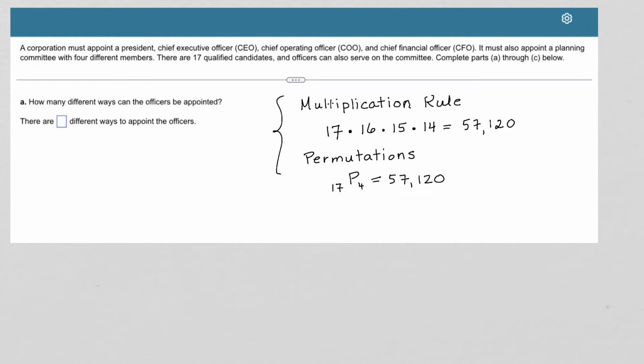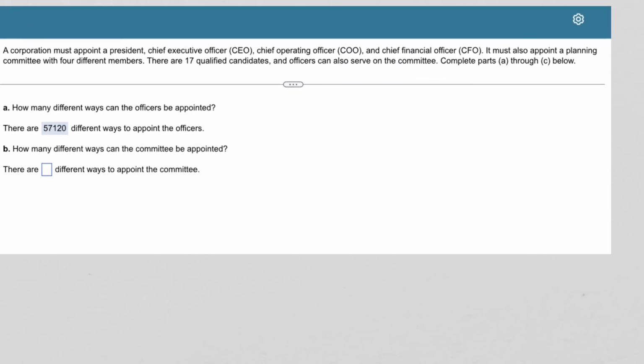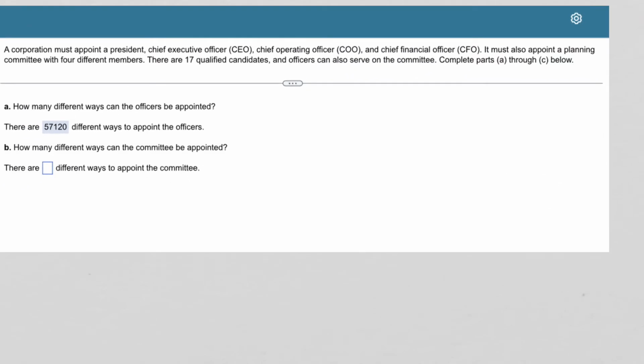So now let's take a look at part B. And now let's make this a little bigger. Okay, so now we want to know how many ways we can appoint the committee.